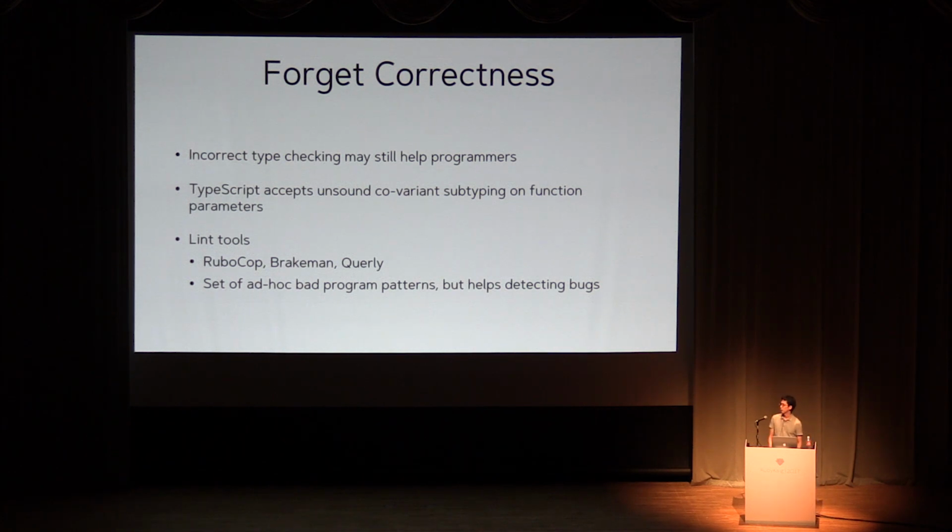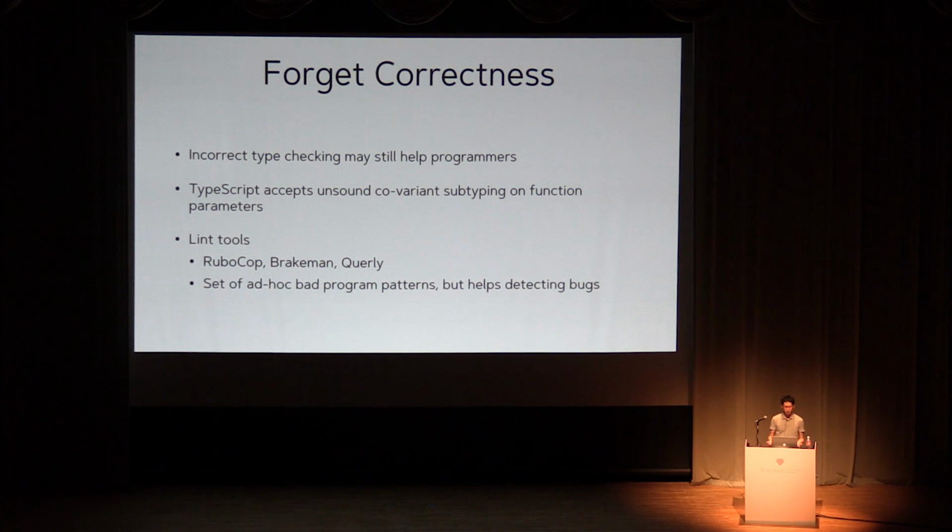And we can think about another example, lint tools. So RuboCop or Brakeman, I don't know, or other tools. They are essentially a set of ad hoc bad program patterns.